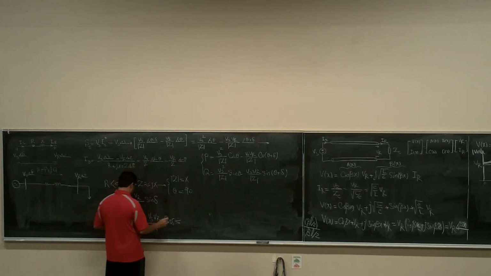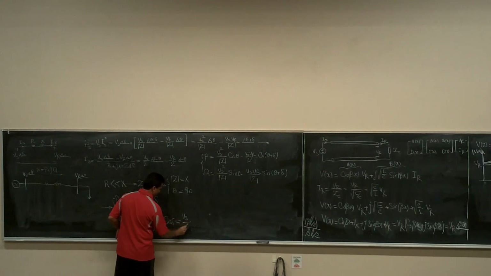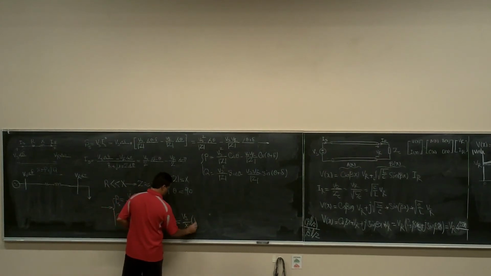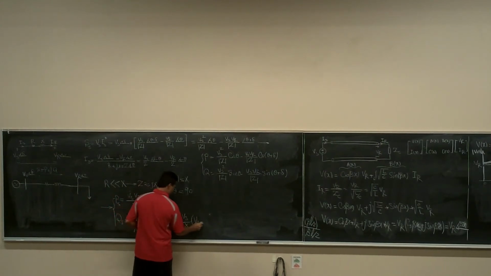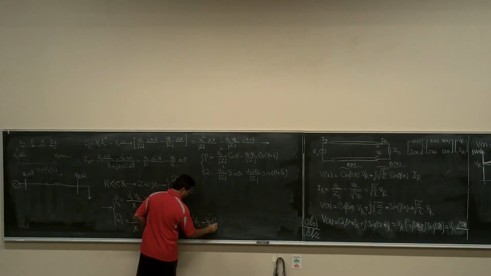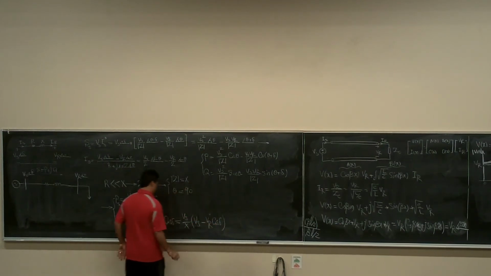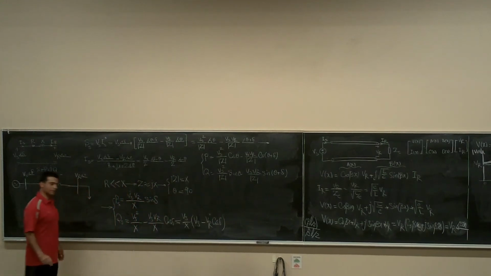Which I can factor in Vs over X. So it's going to be Vs minus Vr cosine delta, right? The equations are simple now.